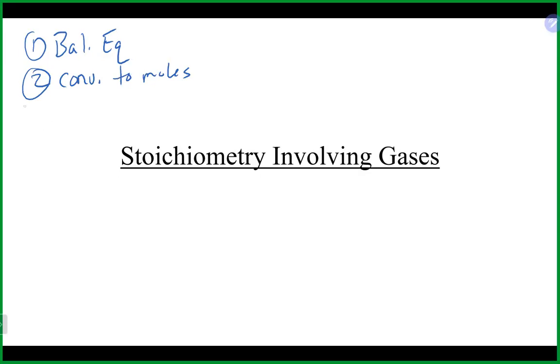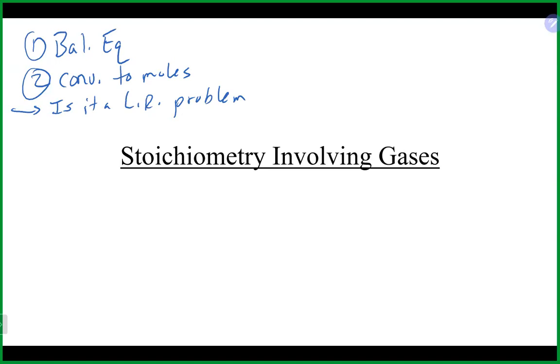We also want to determine as well, is it a limiting reagent problem? Because it could be, even in gas stoichiometry, we could still have a limiting reagent problem. And the way that we know it's a limiting reagent problem is that we got enough information to get the moles of each reactant. So that's the key.